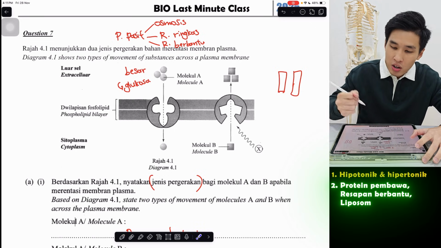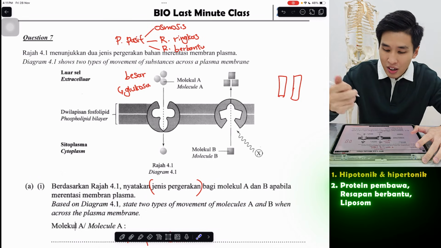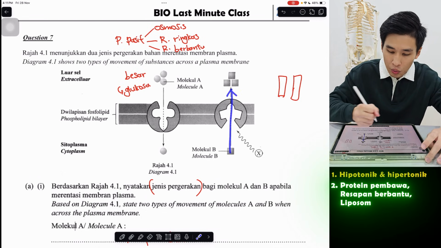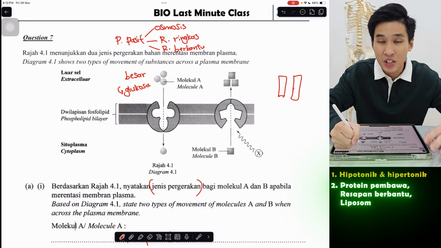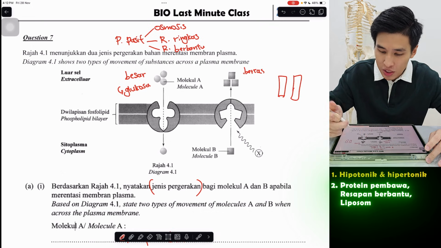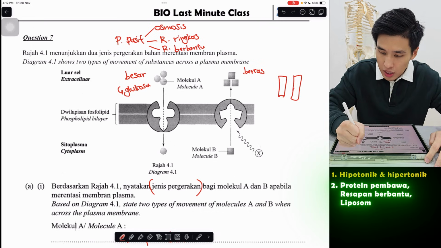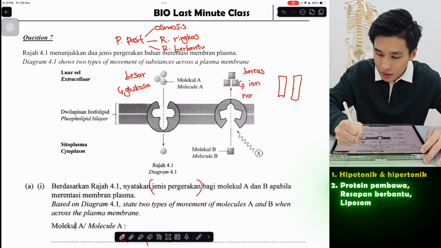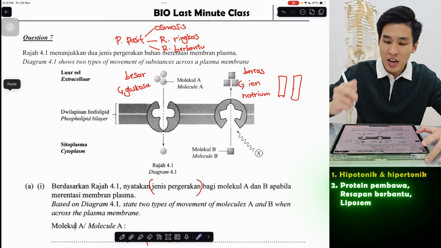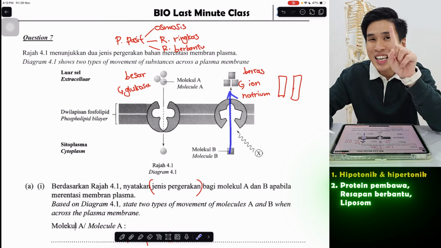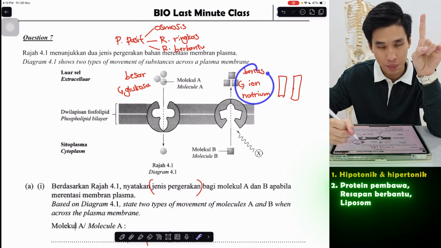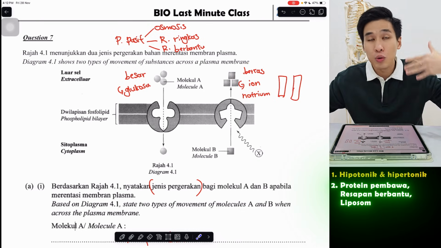Then for pengangkutan active, it is definitely only for ion bercas. So siapa example bercas? You can say ion natrium, like your ion garam lah. So in our Form 4 Chapter 3, pengangkutan active, hanya ada satu contoh, which is ion. And only ion can rendah to tinggi.